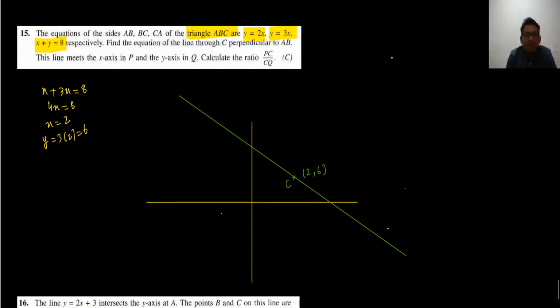Because we're not drawing the exact sketch, I just want to explain. On the x-axis is P and on the y-axis is Q. Let me find the coordinates of P and Q, then I will explain without the diagram. What was the equation of this line?